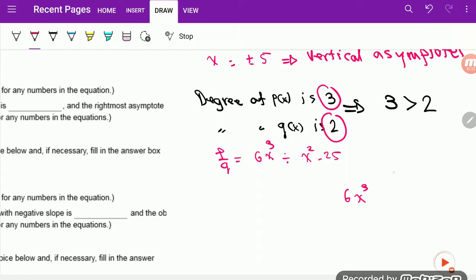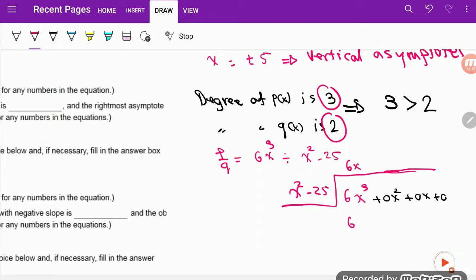If you remember when we did the long division, I would like to add the other terms: 0x squared, 0x, and the constant, which is 0. Now let's divide. 6x cubed divided by x squared is 6x. So we have 6x here.